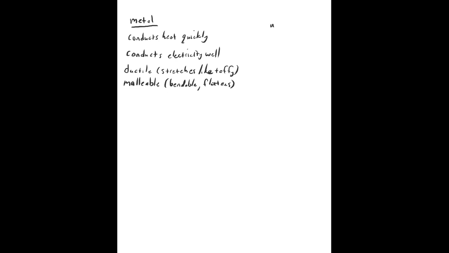The nonmetals, they can conduct, everything conducts heat a little bit, right? So they can conduct heat, but they conduct heat very slowly. Slow heat conduction. And again, that's why that last one was hard to tell. That's why you probably just can't tell. They don't conduct electricity. So we don't make wires out of nonmetals because they don't conduct electricity, but also because they're non-ductile.